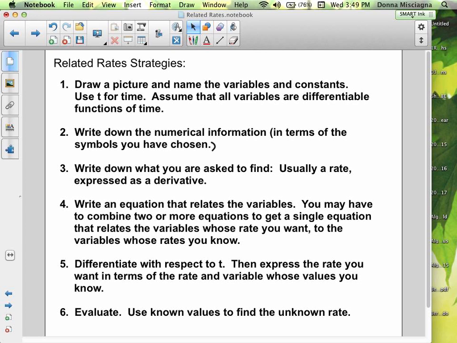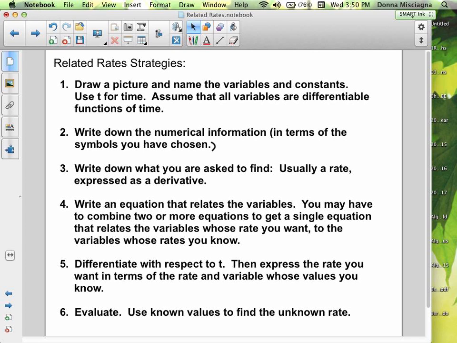We're going to differentiate with respect to t, then express the rate you want in terms of the rate in variables whose values you know. Okay? So we're going to write an equation, and then we're going to differentiate that equation. And it's going to be with respect to t. So anything that's not a t, right, is going to have to include implicit differentiation. And then we'll evaluate. We'll use the known values to find the unknown rate.